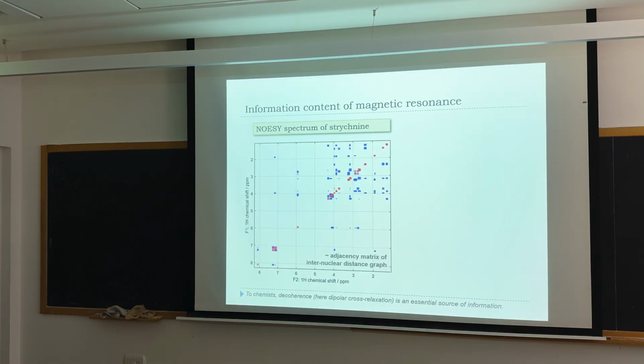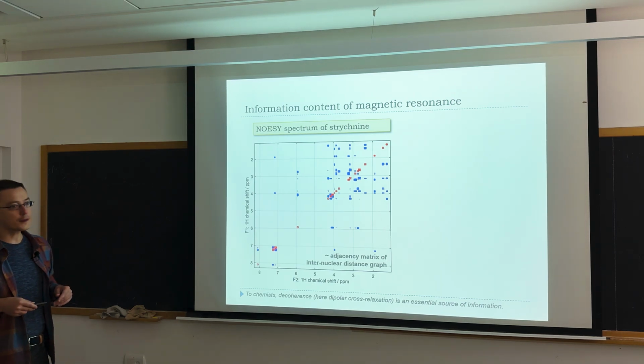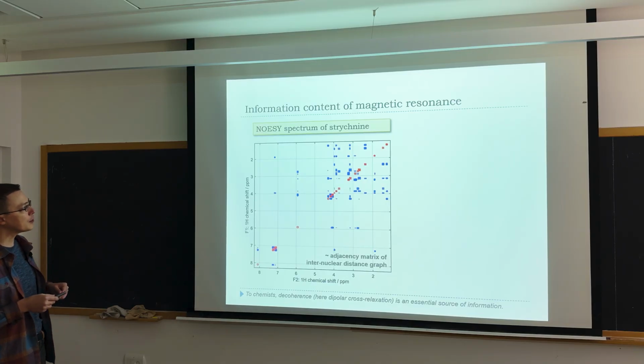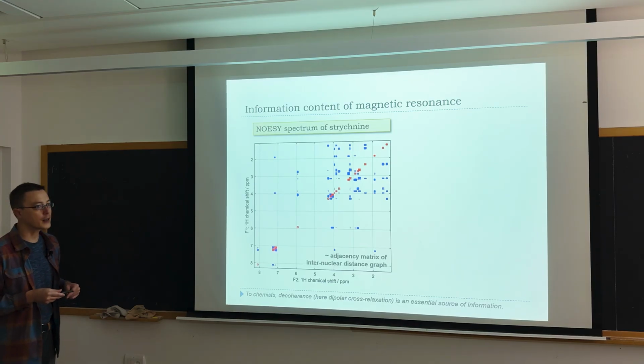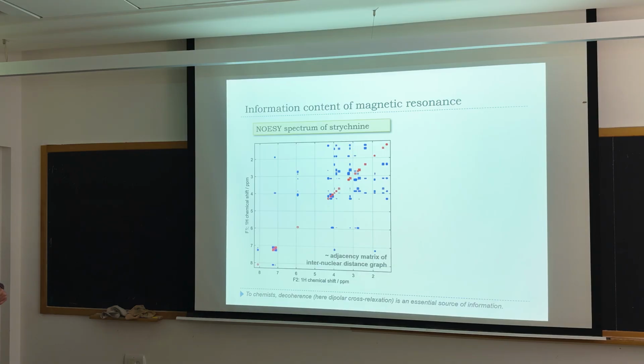But that having been said, the information content is quite extraordinary. You will have a full explanation for what this is in a few lectures' time. This is a two-dimensional Overhauser effect NMR spectrum. Roughly speaking, the red peaks in here, their position along the diagonal indicates what kind of chemical functional group the spin is sitting in.